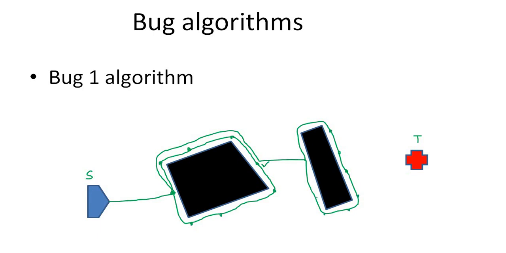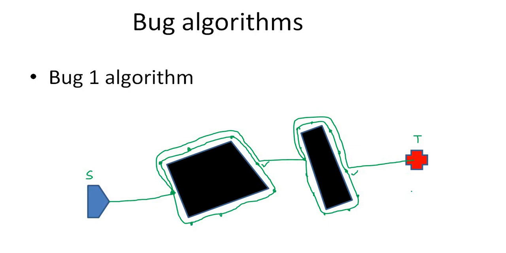So it calculates the distance from all the points on this loop, and selects the point which is closest to the target, which is, let's say, this one. And then the robot travels to this point again, and then again the robot starts moving toward the target and reaches the destination.